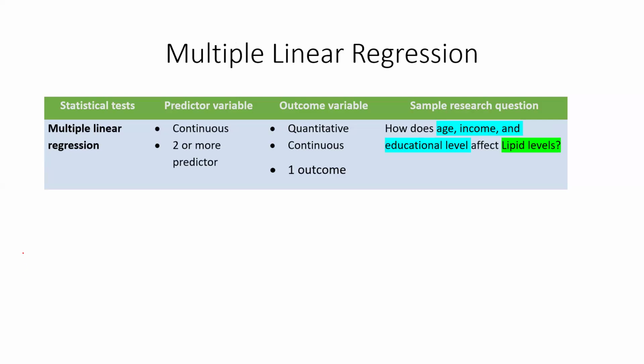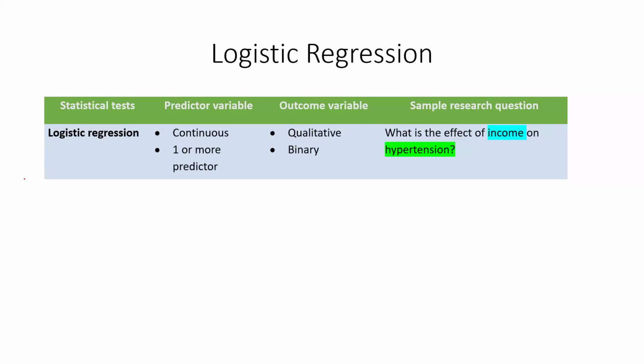And then logistic regression, which is the last slide. I'm checking income and hypertension. All right, so let me go back to my output slide so that we can run this analysis.